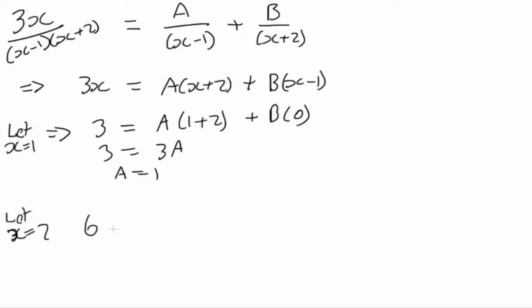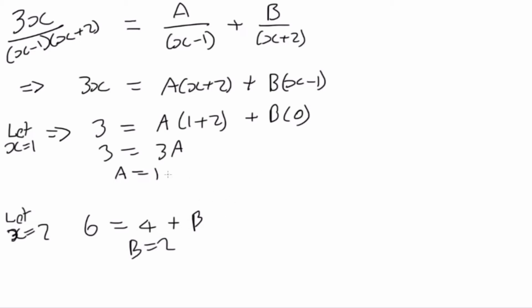Then we have 6 equals, since A equals 1, 2 plus 2 equals 4, plus B times (2 minus 1), which is 1, so B. Now we can take away, so B equals 2, because 6 minus 4 is 2.